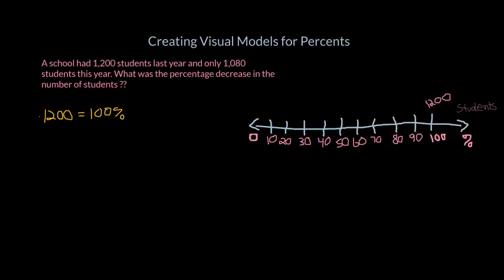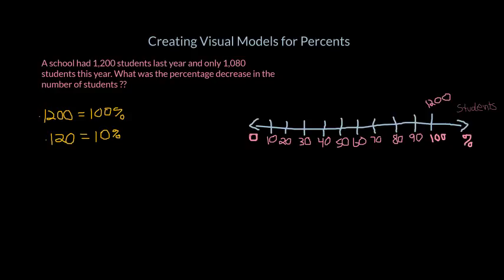So if we went down from 1,200 to see how much 10% of that would be, 120. So our total 1,200 equals 100%, which is one whole, and then 10% of that is 120. So we know those two.